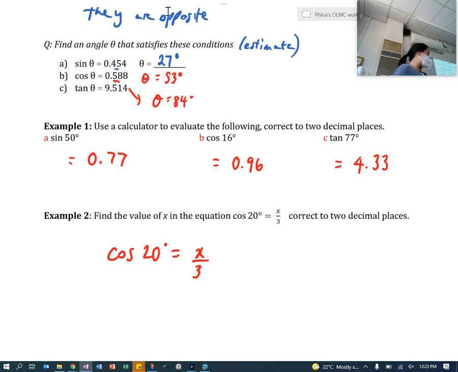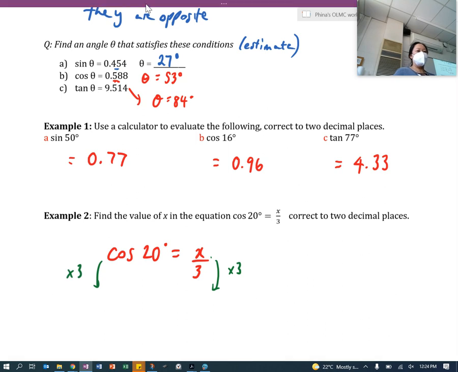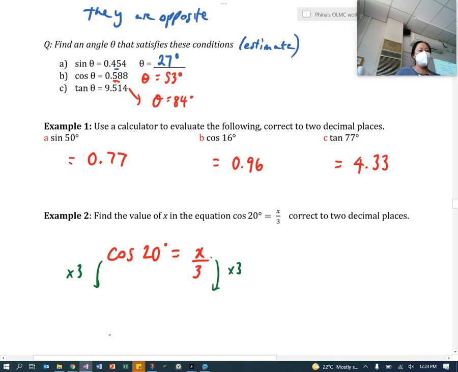Now, if I want to solve it, I want to get x by itself. What do I need to do to both sides to solve it? We've got x divided by 3 here. What's the opposite of dividing? Times by 3. So what you will end up with is 3 times cos 20 degrees is equal to x.